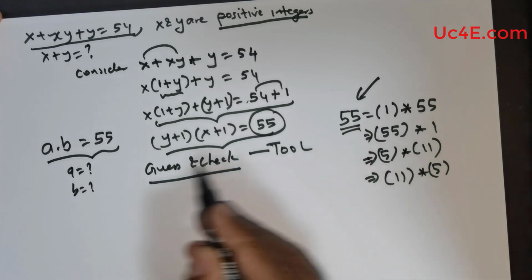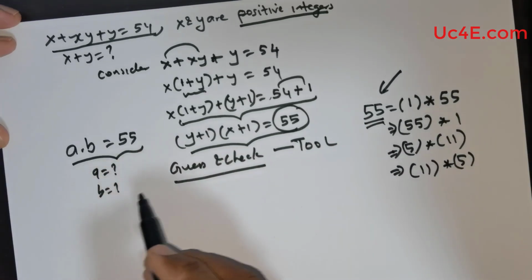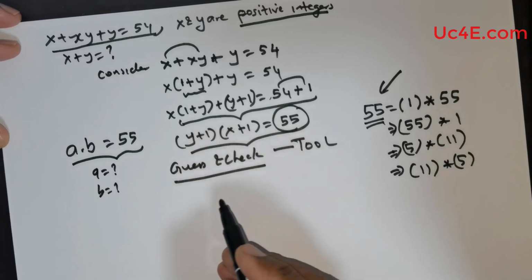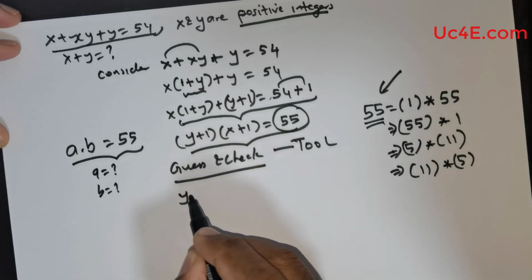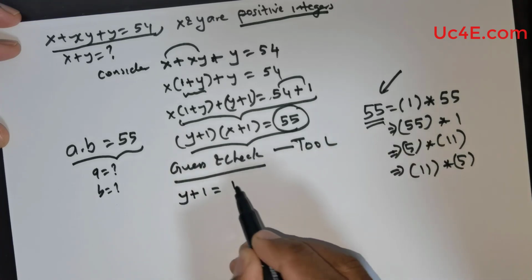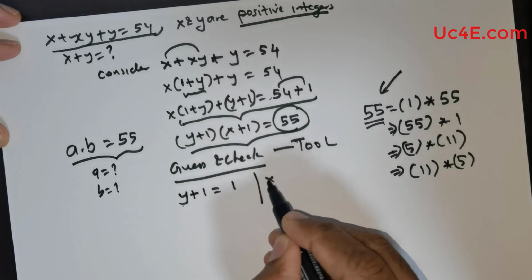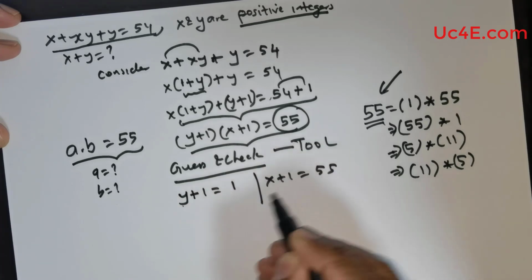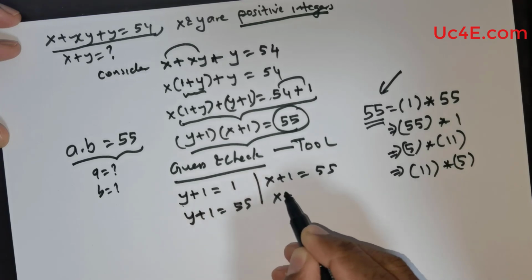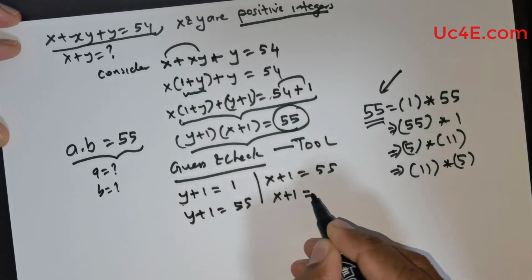So clearly what I would do is, if I were to have (y + 1)(x + 1) = 55, I can clearly see that either y + 1 should be equal to 1, and when this happens, x + 1 would be equal to 55. Or y + 1 would be equal to 55, and on the other end x + 1 would be equal to 1.